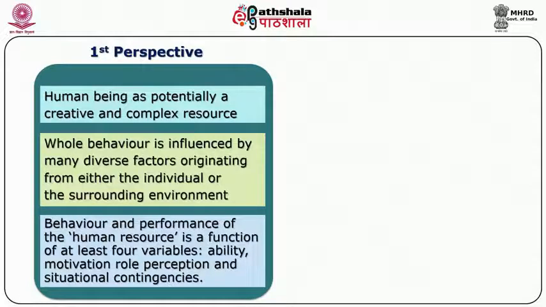The 4 variables are ability of the human beings, their motivation, and role perceptions. For example, how the individual perceives his or her role, maybe her role as a teacher in an educational organization. And the situational contingencies is the 4th variable.